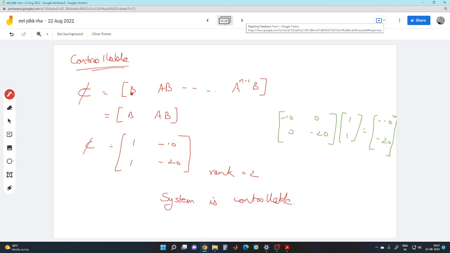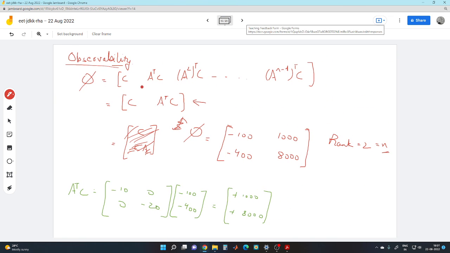For that, we use the controllability matrix, which for a 2 by 2 matrix is expressed as the B vector and AB vector. Using this, we find the rank is equal to 2, which is the same as the order of the system, and that makes the system controllable. For the observability of the system, we use the C vector, so C and A transpose C, because we have considered C in column vector form and not a row vector form.